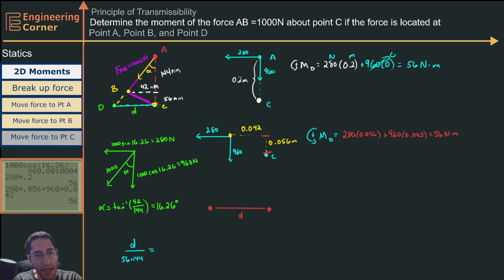So this side over this side is going to be equal to this side, so 42 over 144. So D will be equal to 42 times 200 divided by 144.